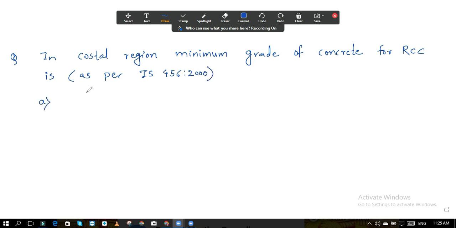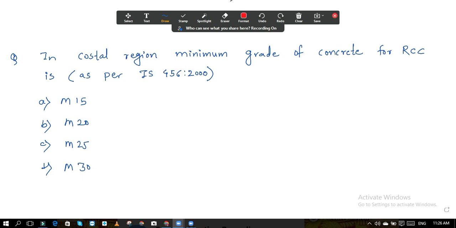So option A is M15, B M20, C M25, D M30. What is the answer of this?